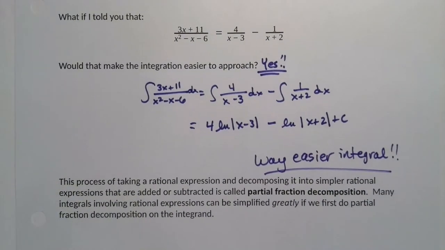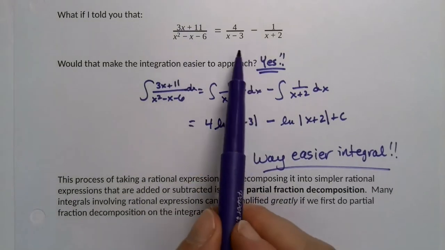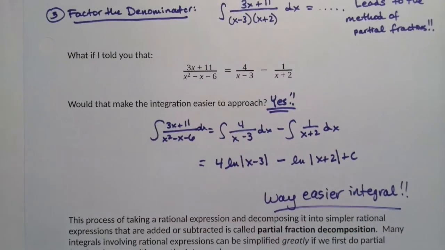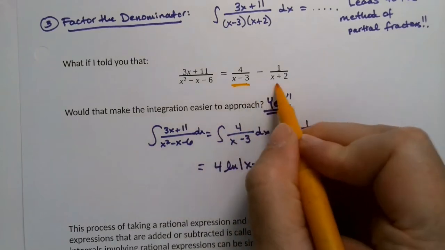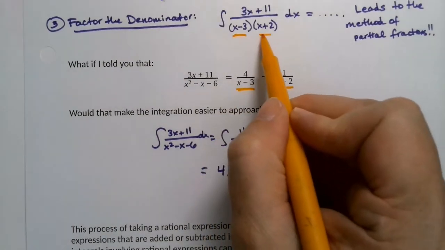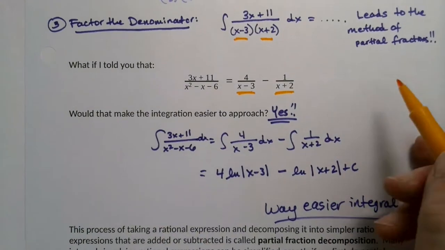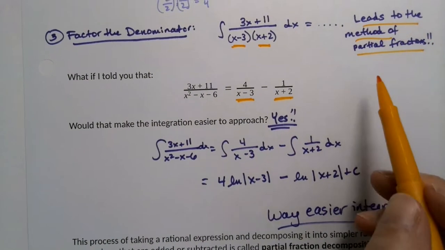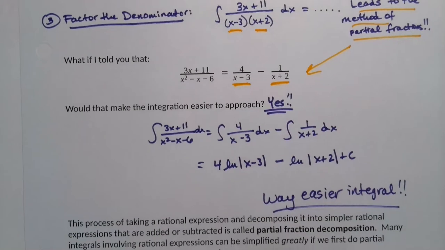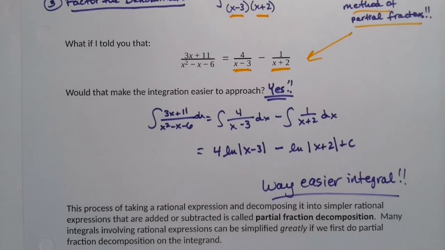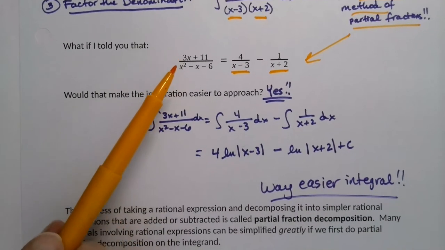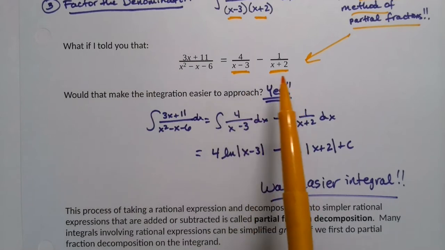Okay, so if we could break up our integrand into two fractions, and you'll notice that those two fractions have the denominators of the factors of our original denominator, which is very key to all of this. That's what I'm saying when it leads to the method of partial fractions, right? But the process of taking this rational expression and decomposing it into simpler rational expressions, that's called partial fraction decomposition.